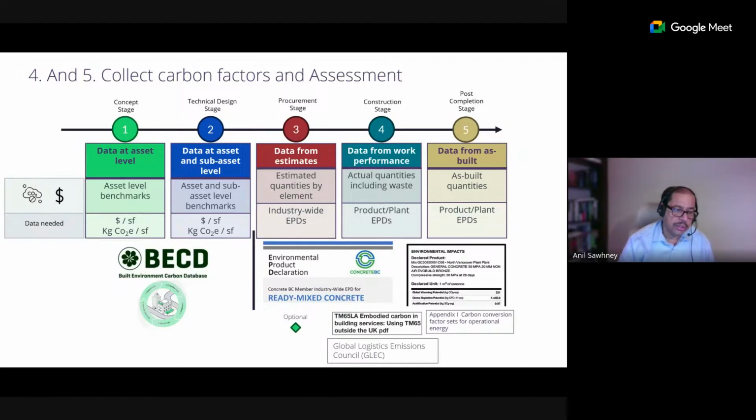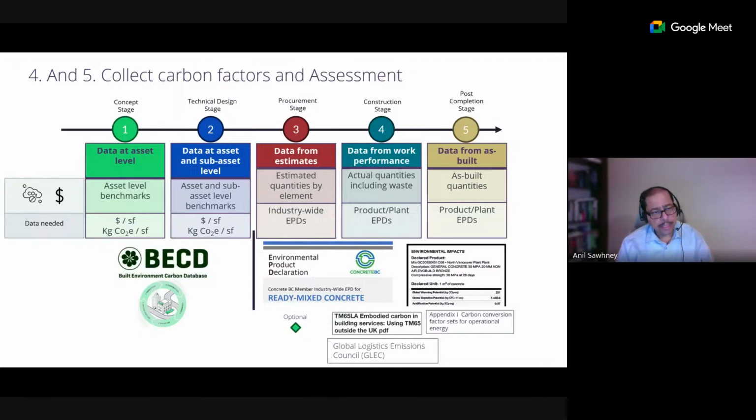So it's a pretty tricky situation. Kilograms of carbon dioxide equivalent per square feet of school buildings. If you had that, you could use parametric modeling to estimate, early estimate of your carbon emissions also. But that is the data that's missing. We are trying to build a database, the built environment carbon database, as you see at the bottom, from where you can get these kinds of benchmarks.